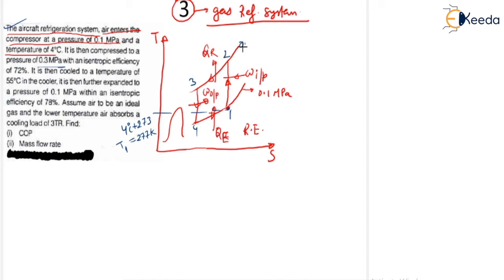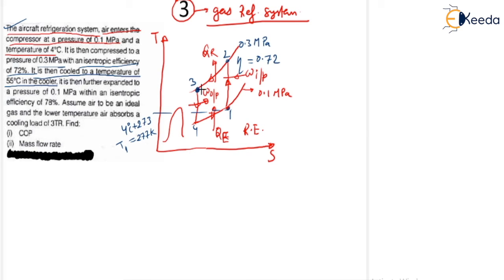This is your next pressure line at 0.3 megapascal, and it is compressed here with an isentropic efficiency of 72%. That means the isentropic efficiency for your compressor is 0.72.